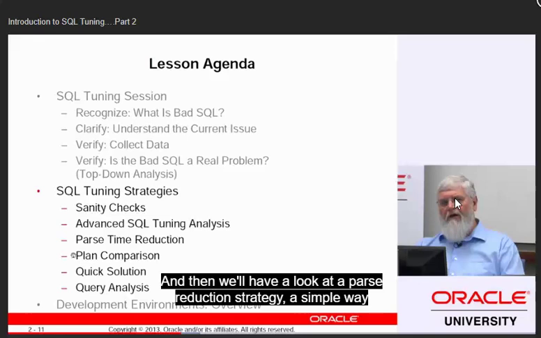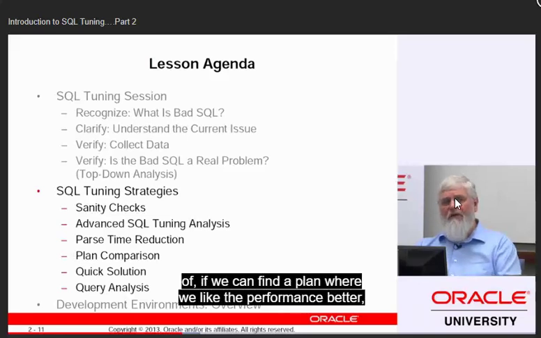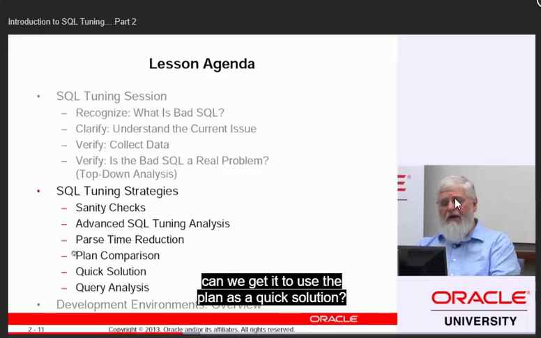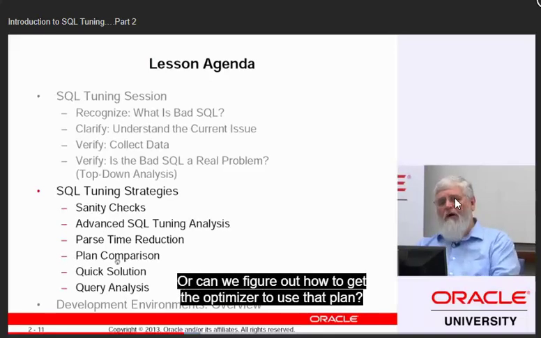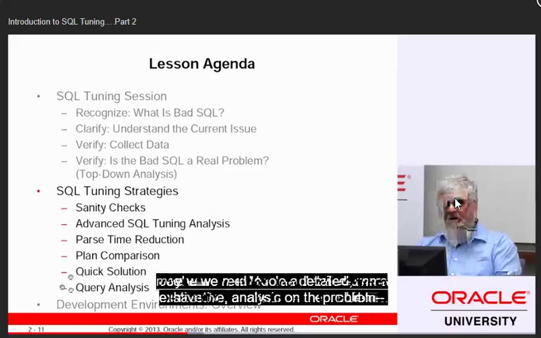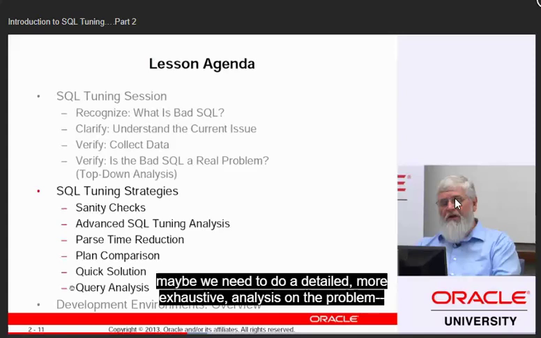Or can we figure out how to get the optimizer to use that plan? And if we can't find this quick solution, then maybe we need to do a detailed, more exhaustive analysis of the problem, or if we're really just determined to find the underlying cause instead of a quick solution.